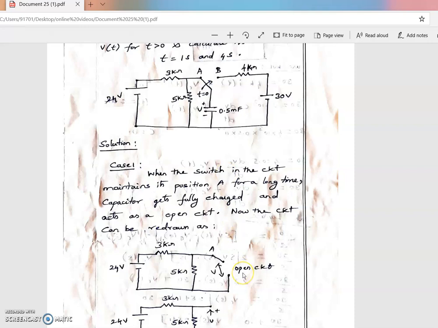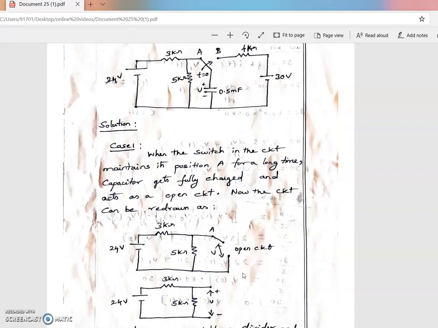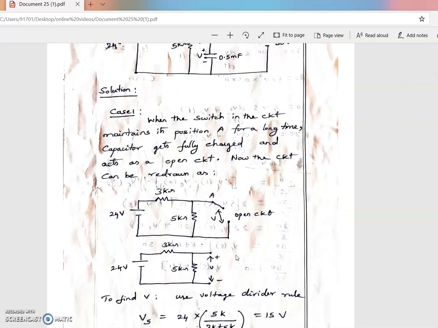So the circuit can be redrawn for understanding purposes by eliminating position B. We get only 24 volt, 3 kilo ohm in series with 5 kilo ohm resistance, and we mention the open circuit by removing the capacitor. Again we can redraw this diagram for understanding.